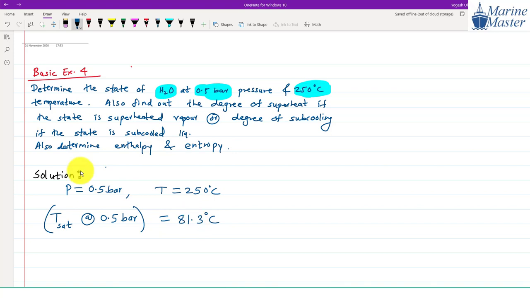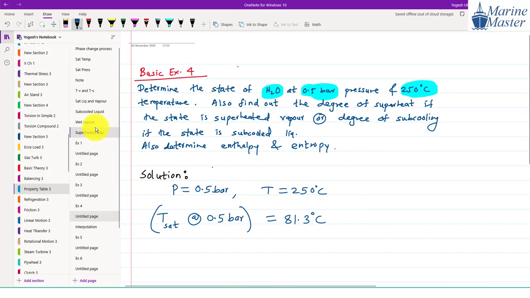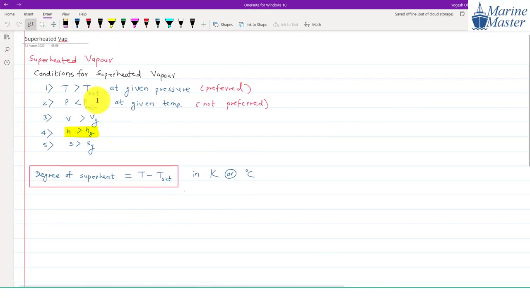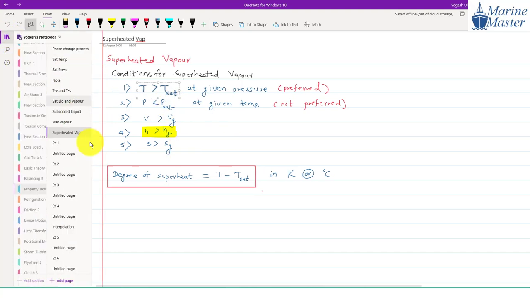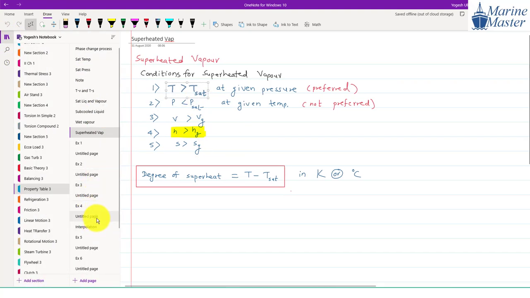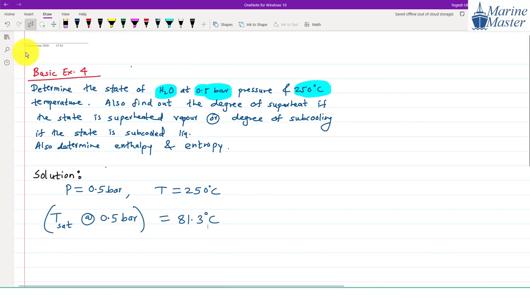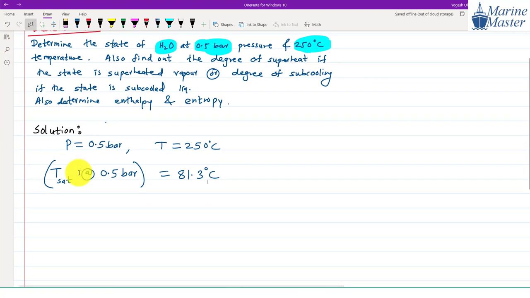Now if you remember our discussion related to superheated vapor, always remember that temperature must be greater than saturation temperature. If this condition is satisfied, automatically the remaining conditions will also be satisfied. They are asking firstly the state of the H2O.